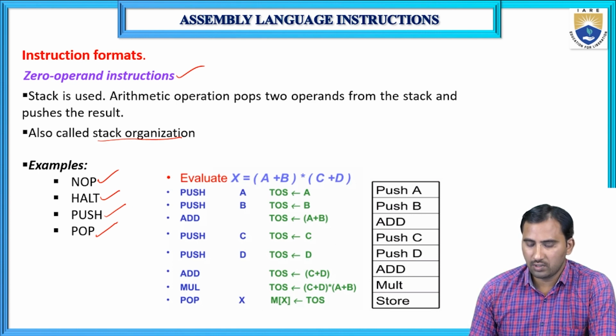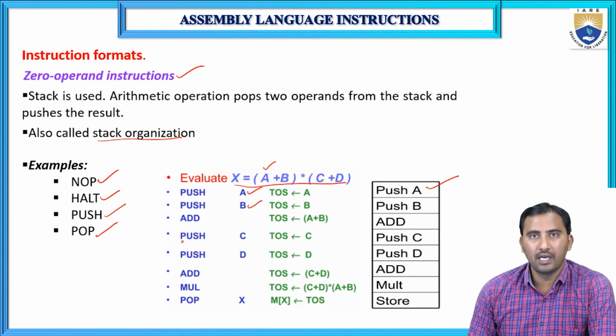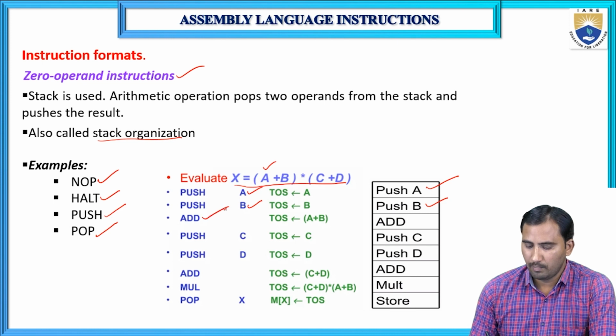Okay. Suppose you have the expression X is equal to (A plus B) into (C plus D). We can write this using push A. That means the content of register A will be pushed into the memory. Then push B. The content of register B will be pushed into the stack memory. Then we perform the add operation between A and B. Now we have this value.